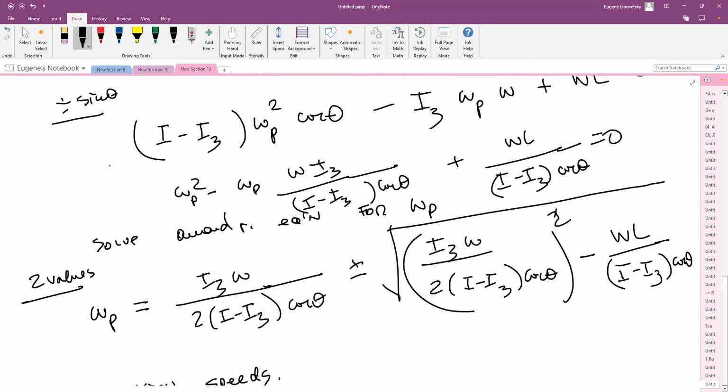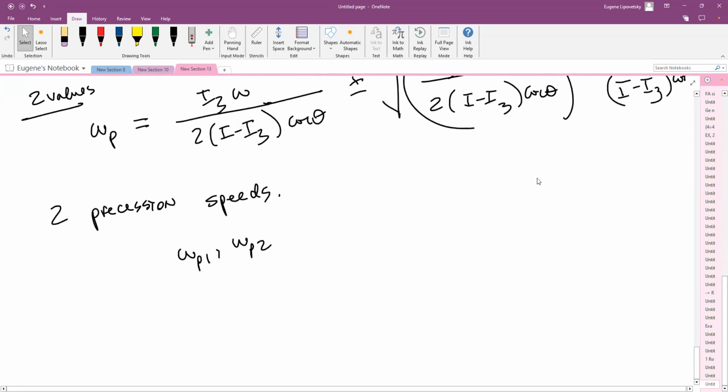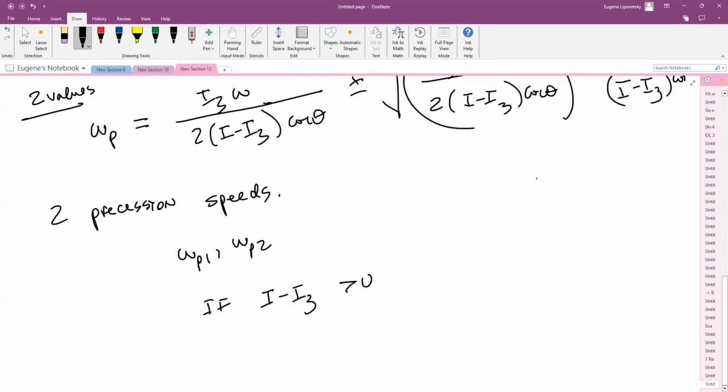Their signs depend on this sign, right? Okay, the product of them is positive. Well, it's not necessarily positive. It depends on I minus I sub z, all right? So if I minus I sub z is positive, meaning I is greater than I sub z, then omega P1 and omega P2 are both positive.